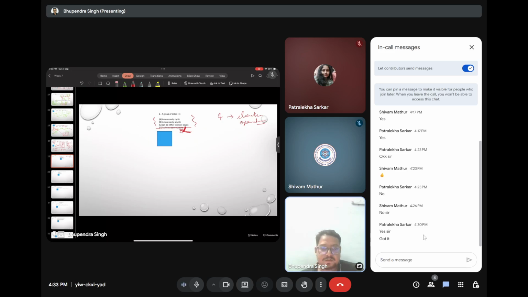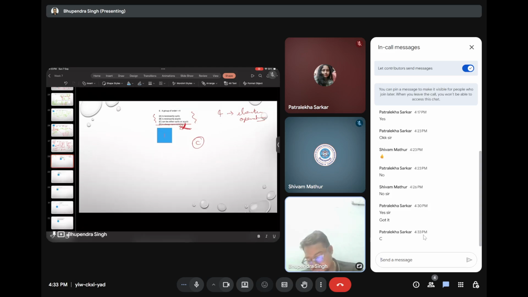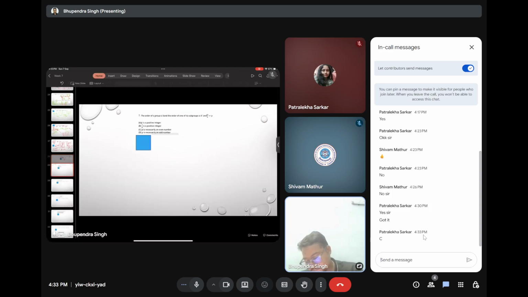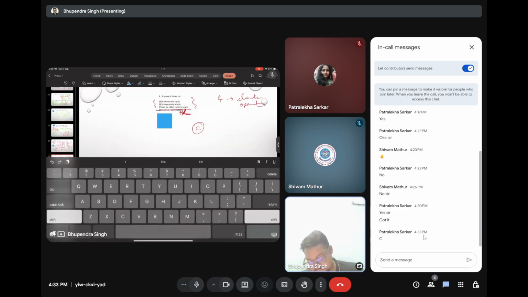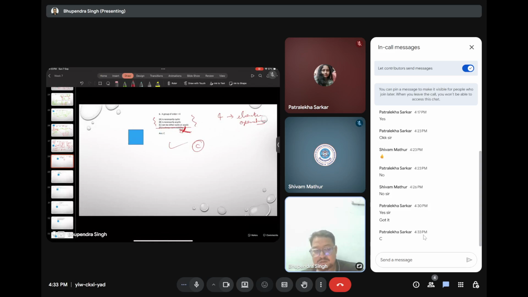I mean, from the order you cannot tell anything. So it could be cyclic or acyclic. So the answer should be C. Okay, answer is C.